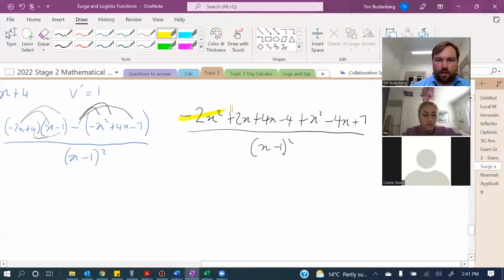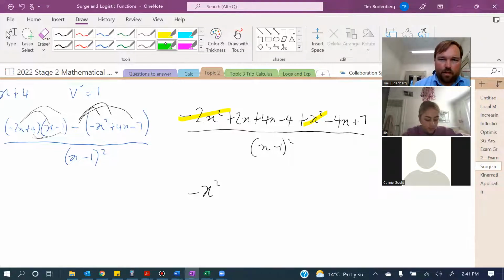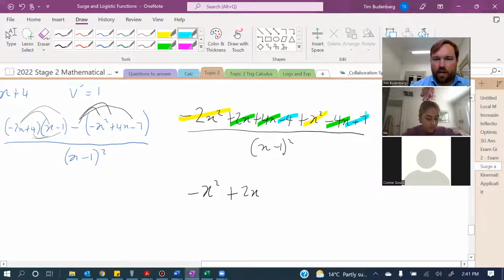There is a pair of x squares, which leaves me with minus x squared. Then 3 lots of x collect together to make plus 2x. And then there is a minus 4 and a plus 7, which gives me a plus 3.